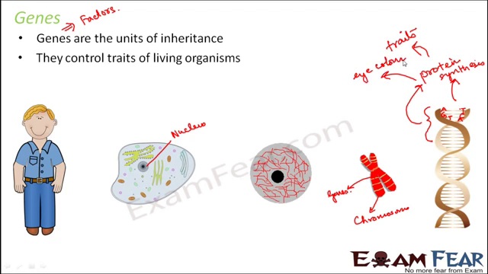So the sequence of bases in this region will determine the color of the eye. Similarly, maybe the sequence of bases in this region will cause protein synthesis, which in turn is responsible for hair color. So a particular section of the DNA will determine a particular trait. This is how genes control the traits of living organisms.